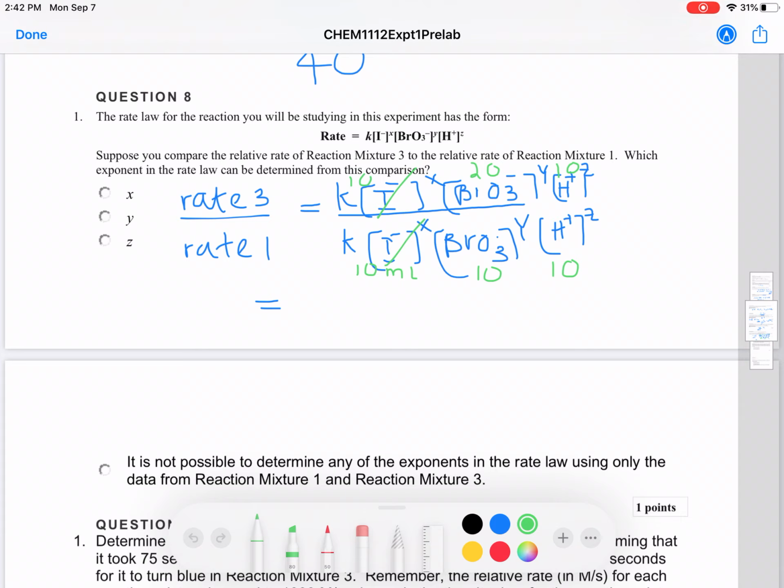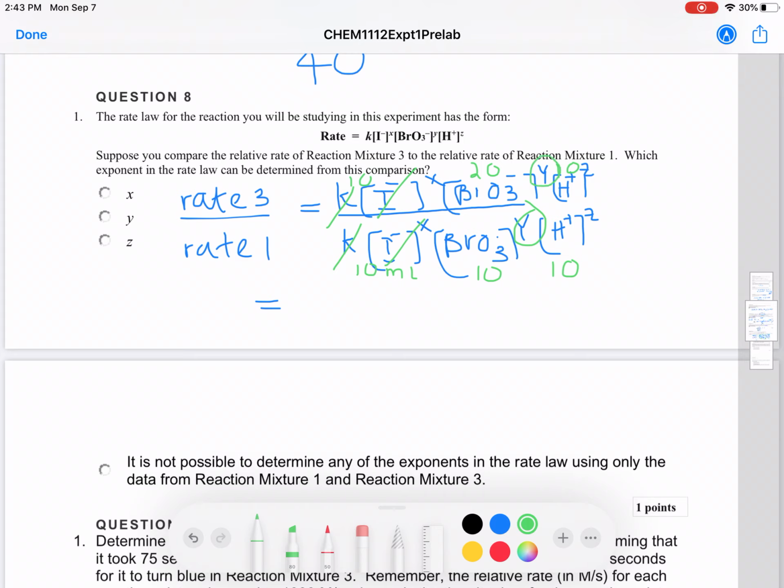And then the rate constant k also is going to cancel. So when you compare reaction mixture 3 to reaction mixture 1, which exponent can be determined? That's going to be y, because these two are the different ones. So we can find the exponent y by dividing the two rate equations. So the answer is going to be y.